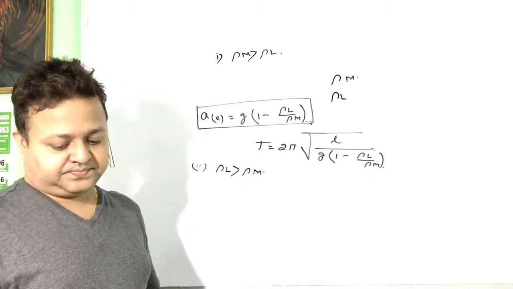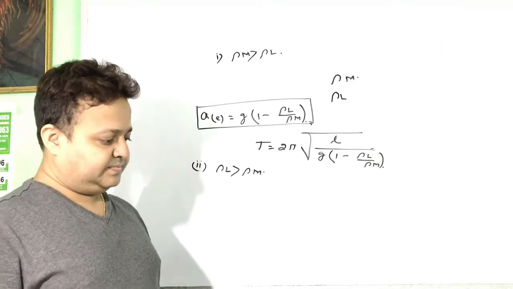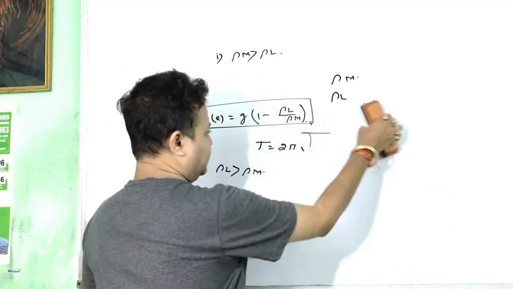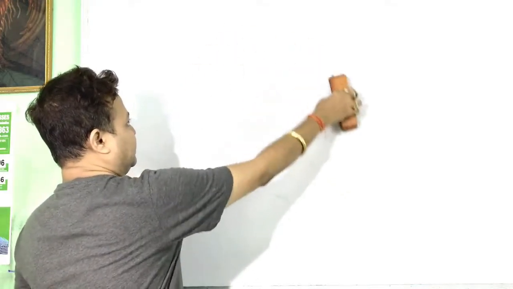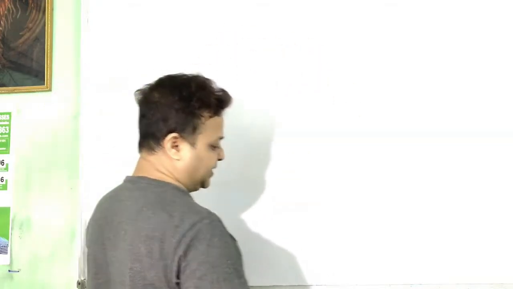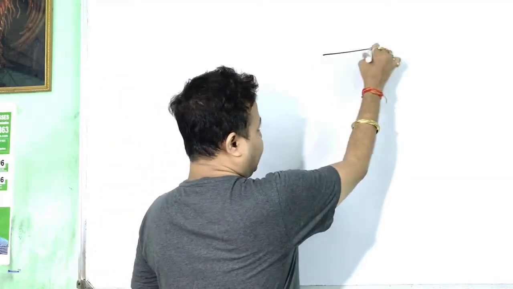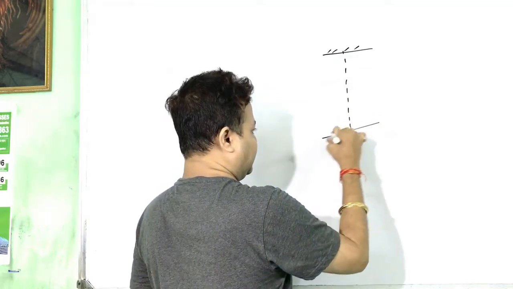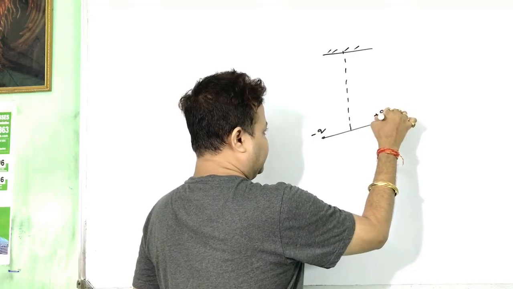Next point, a dipole moment p is hanging from a ceiling in a uniform horizontal electric field.